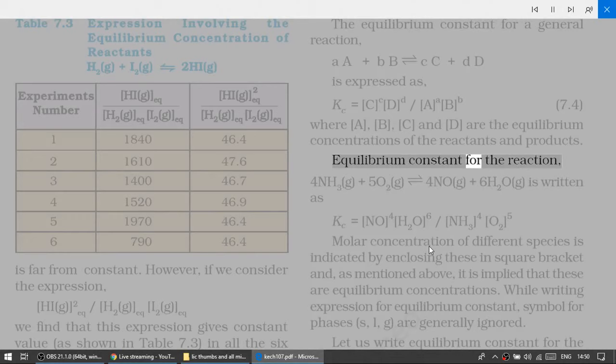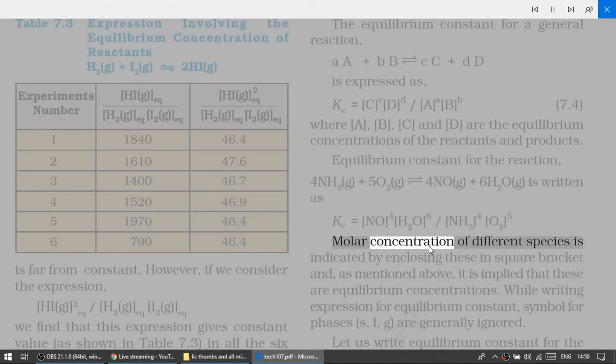Equilibrium constant for the reaction 4NH3(g) + 5O2(g) ⇌ 4NO(g) + 6H2O(g) is written as Kc = [NO]^4[H2O]^6/[NH3]^4[O2]^5.